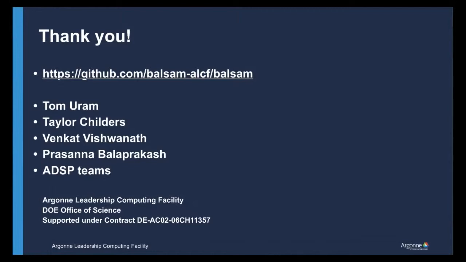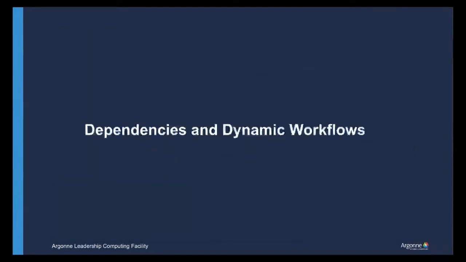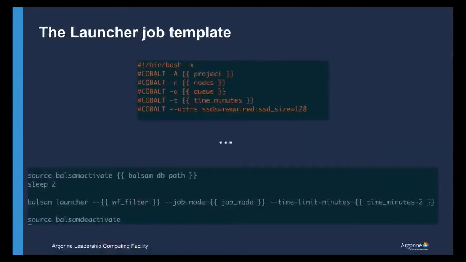Okay, thank you. Is that server persistent when you actually run? Say I were to submit a job, say I were to activate the launcher, would that server persist past my session? Yes. If you look back at the job template, which is created for you automatically, there's a source balsam activate line, balsam launcher, and deactivate.